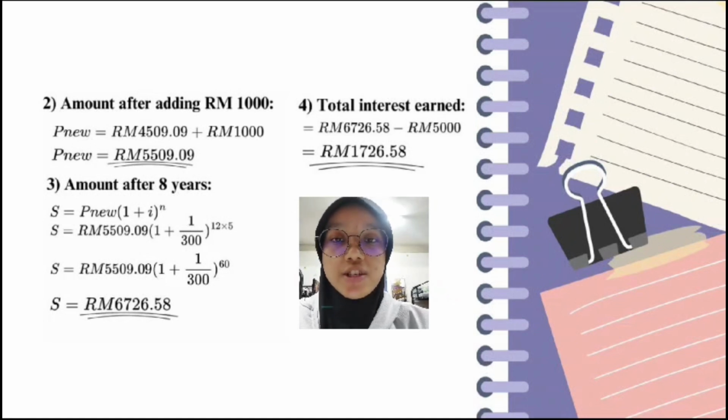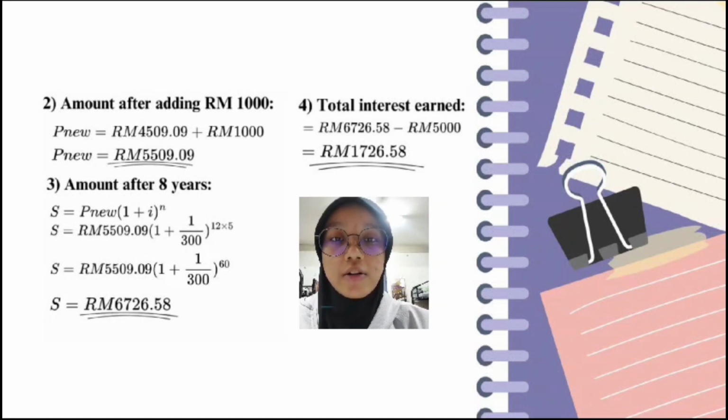which is now S equals P new in a bracket 1 plus i with the power of n. With all the information that we have now, we will have S equals 5,509 and 9 cents, from the calculation that we had just now, in a bracket 1 plus 1 over 300 with the power of 12 multiplied by 5.